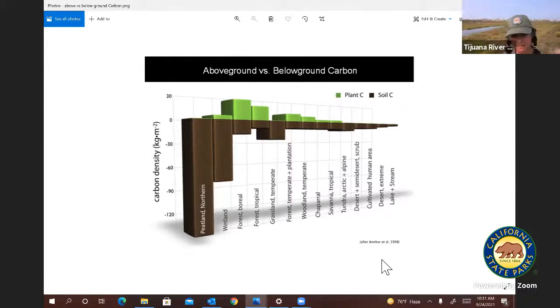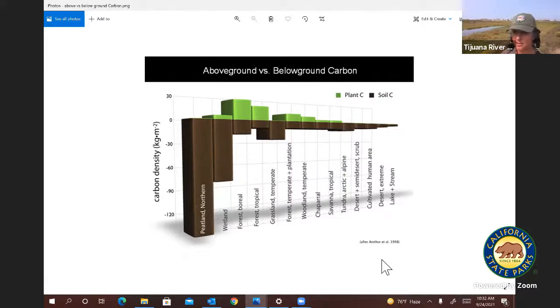Other plant communities, some of them, like wetlands, you can see wetlands are one of the plant communities where there's not that much carbon above the ground. There's actually a lot more below the ground, okay? And I kind of hinted as to why that might be. How tall are wetlands? Not very tall. And I'll tell you, living in a salt marsh and having to deal with all that salt really takes a lot of energy.